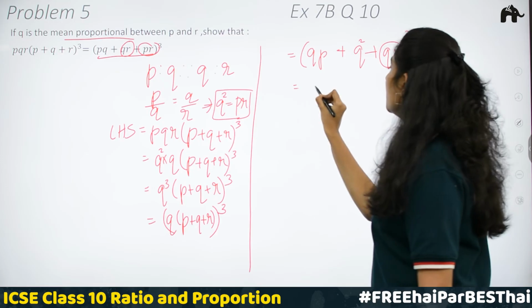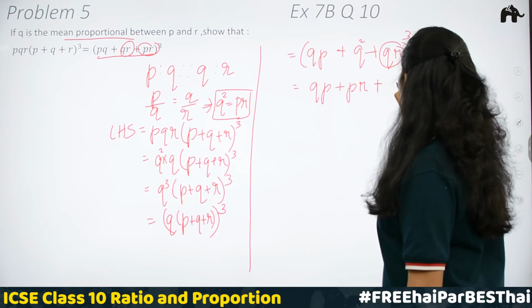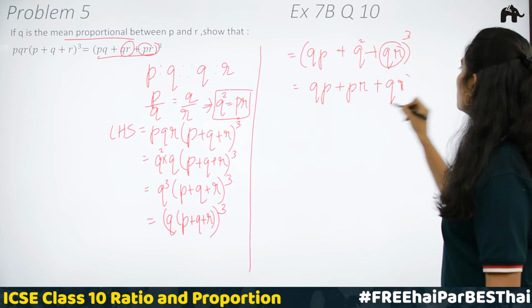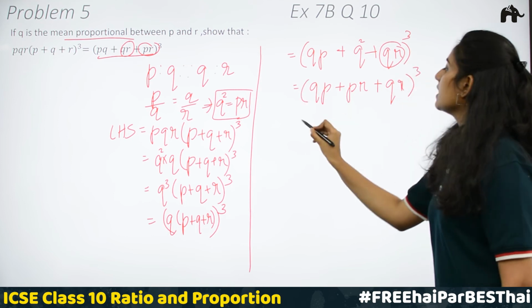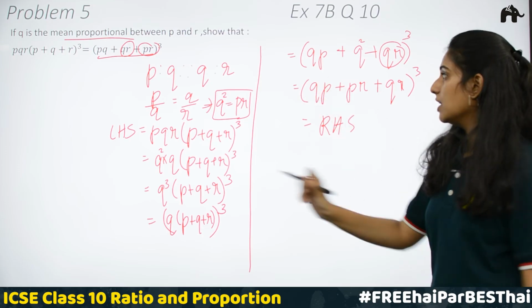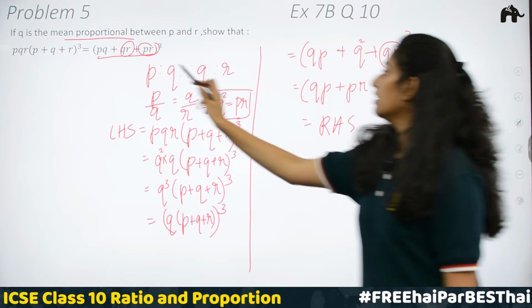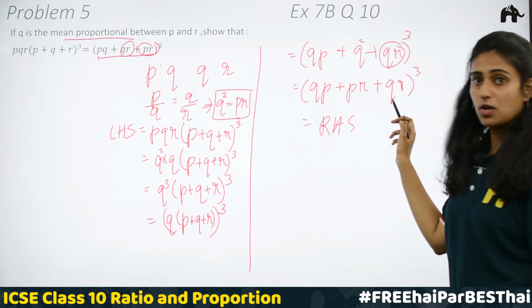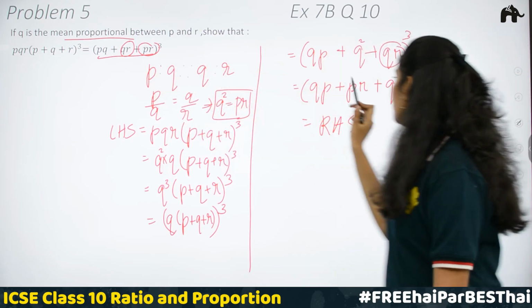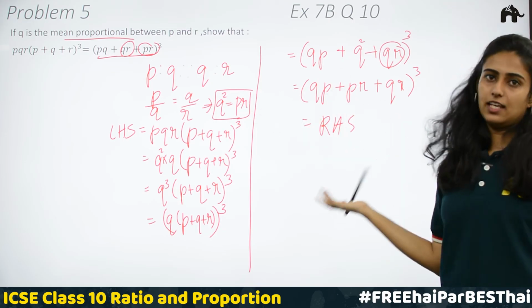We will be getting (qp plus pr plus qr) whole cube, which is equal to RHS. All other terms are the same. pq is there, pq is there. Then qr, qr, pr, pr. Therefore, we got LHS and RHS equal.